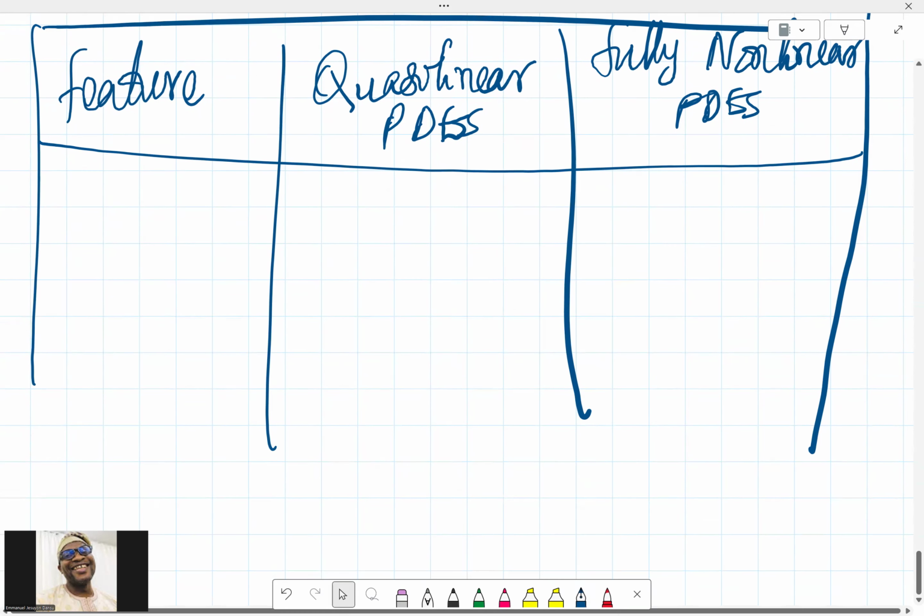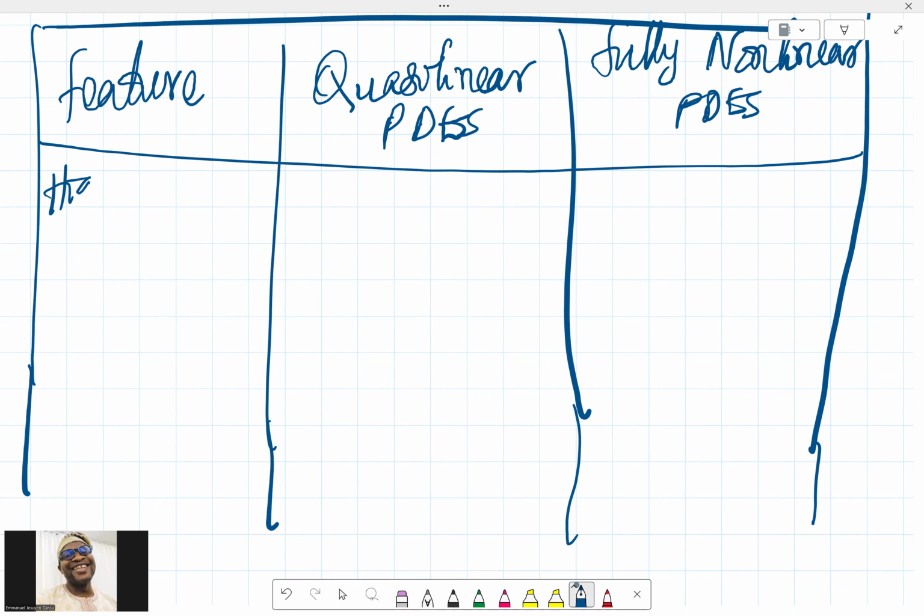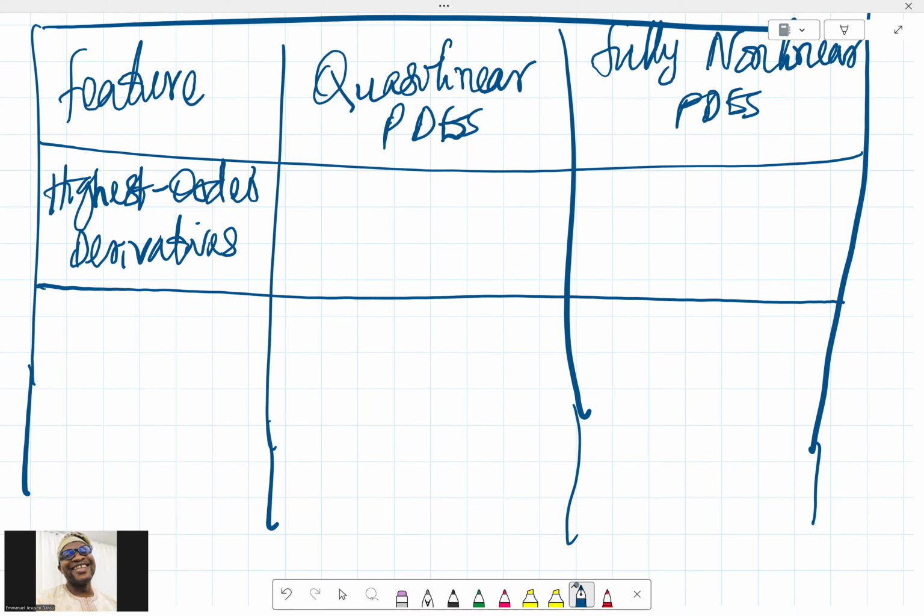We take the first feature, which is highest order derivatives. For quasi-linear, the highest order derivative is linear, like I said already.